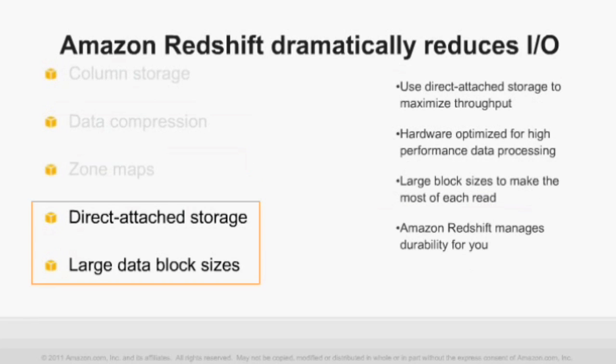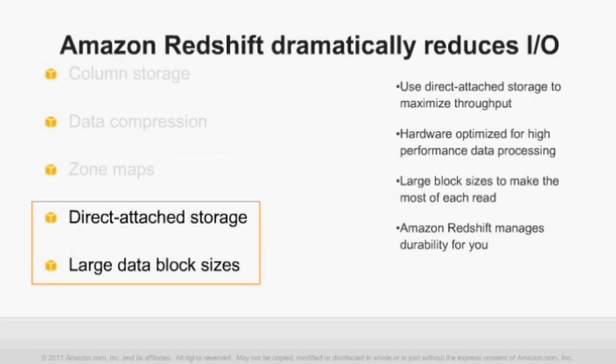And furthermore, we also use direct attached storage and large block sizes. I'll get into how it's architected with the types of storage that we offer and the size, but it's directly attached to the Redshift servers, so not using the network for storage, instead using local storage and large block sizes of 1 megabyte. And so we have high performance I/O drives, and the CPU and memory are all local on each of the compute nodes.